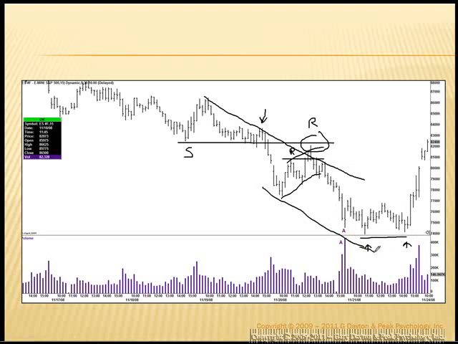The testing, in part, tells us that supply has dried up because structurally, in terms of the structure of the market, this is not coming all the way down to the demand line anymore. It comes down to this support level and tests, and then holds that testing. You can see here when it came down to this support level to test, it broke right through and just held the lows and started to accelerate down into the climax.